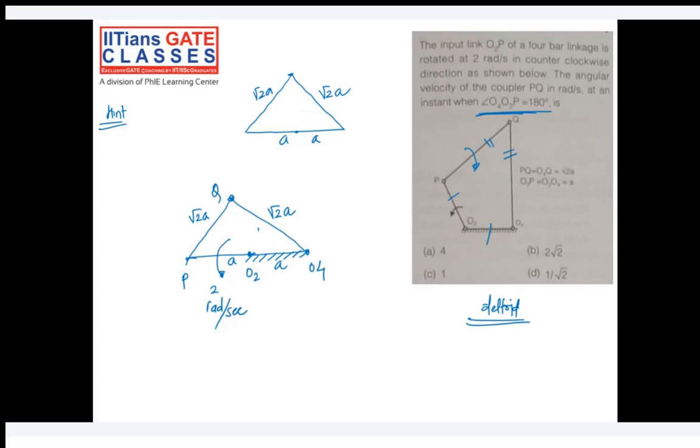Can you think of the angles? What could be the angles? So this entire will be 2A.